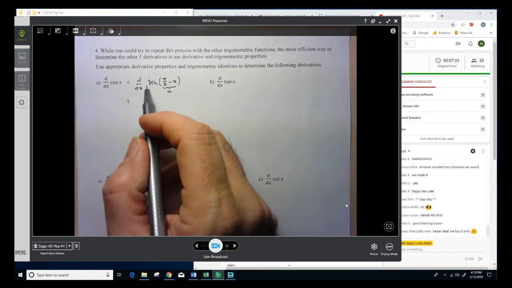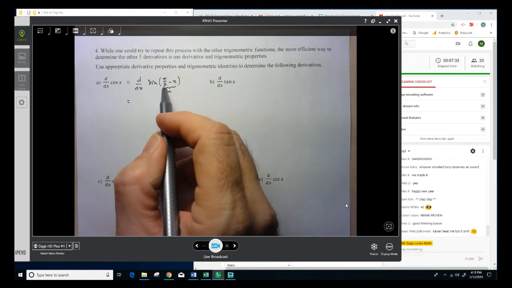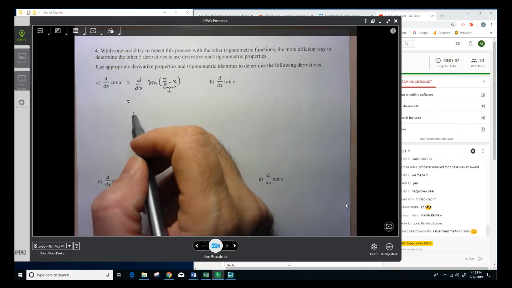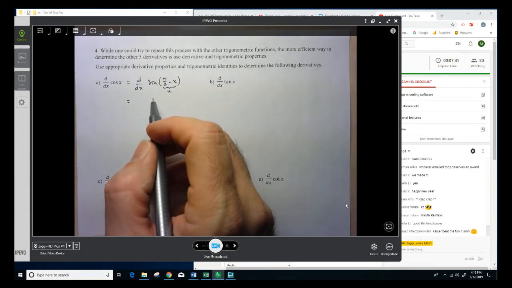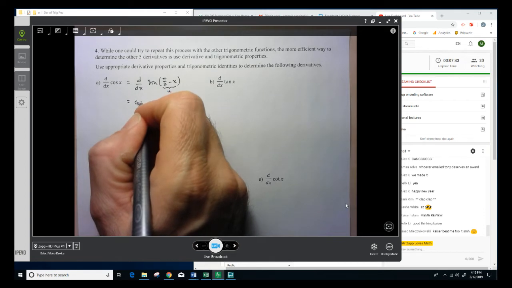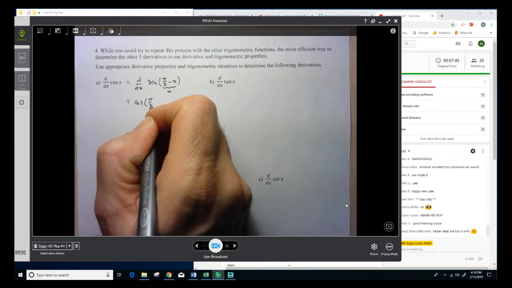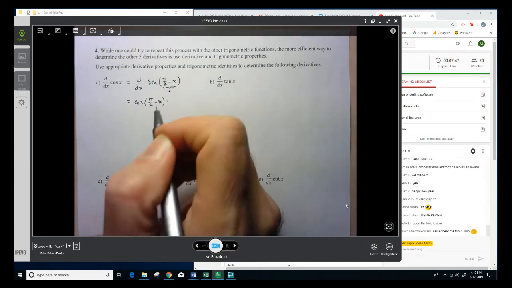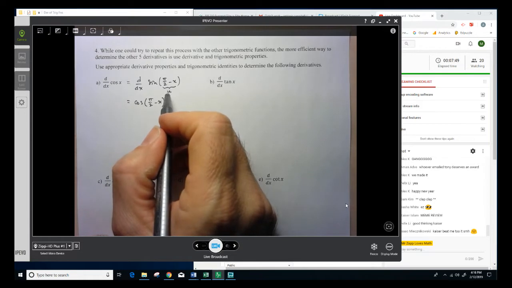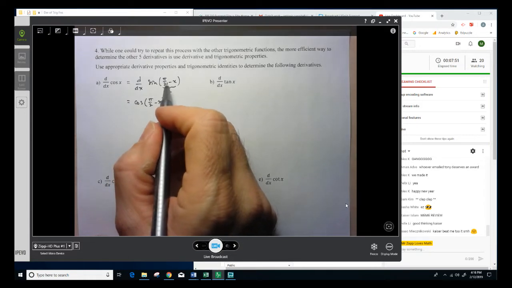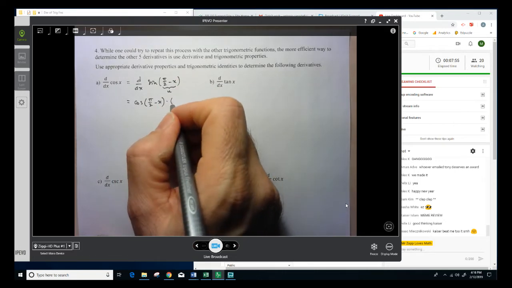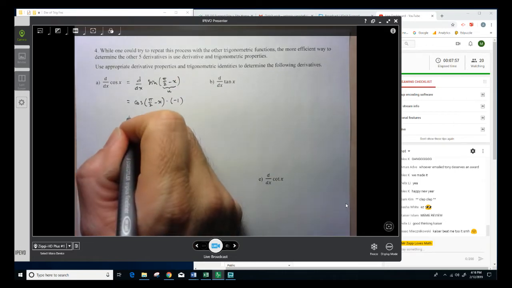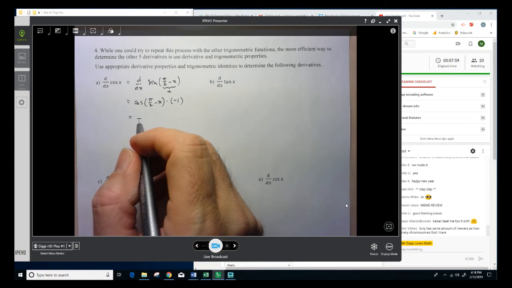First we take the derivative of the outside function, and then we multiply that by the derivative of the inside function. But what is the derivative of sine u? Well, we just determined that. It's cos u, in other words, cos of pi over 2 minus x. And then we multiply that by the derivative of u with respect to x. The derivative of pi over 2 is just 0, and the derivative of negative x is just negative 1. So we're left with negative.